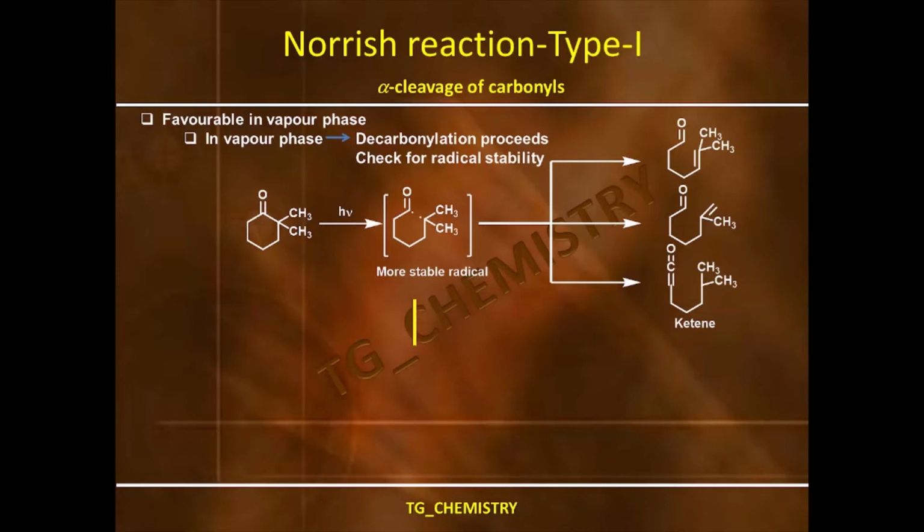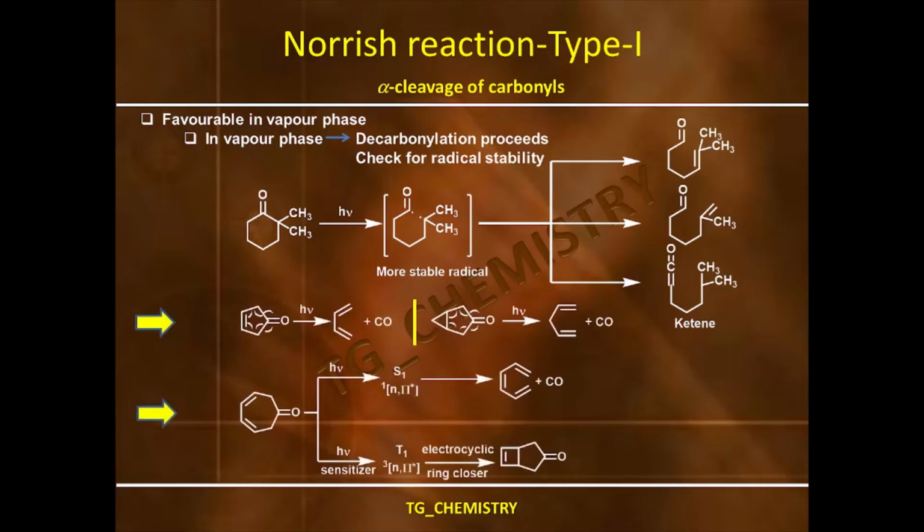We can have other examples where the decarbonylation process dominates. For example, here you see three examples. If you look over here, the first one, if I may highlight it, this cyclopentanone compound, upon direct photoirradiation, undergoes decarbonylation and yields a butadiene system.